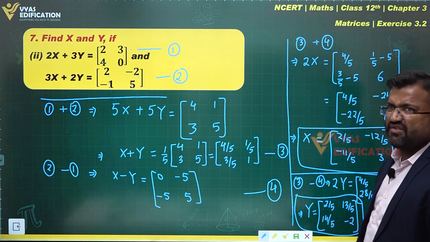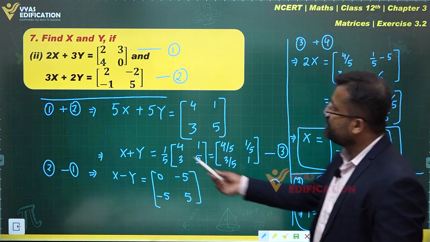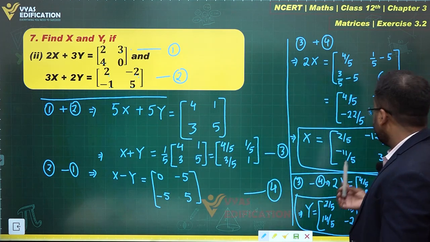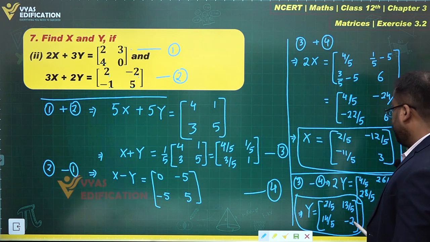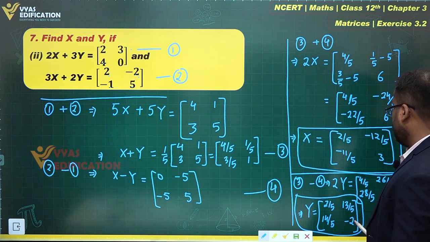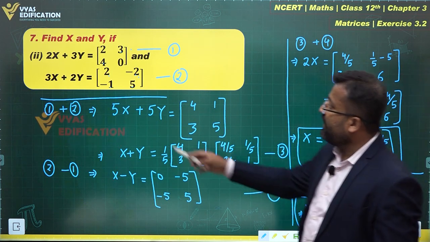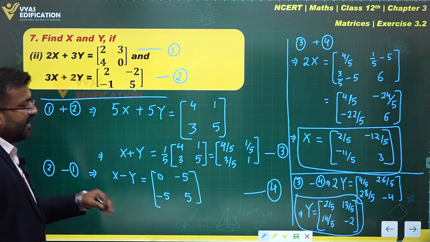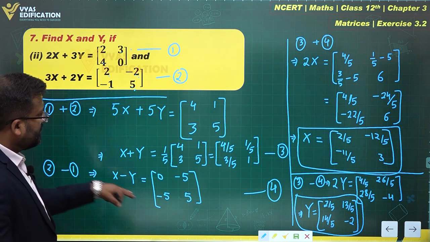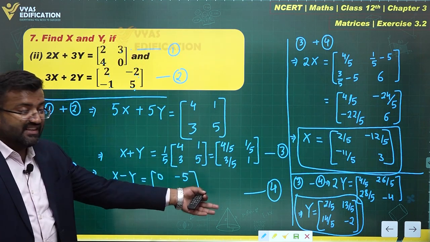Minus 33 plus 28, which is minus 5 by 5, which will be equal to minus 1, as you can see. And the last term, what you get is 3x, 3 times 3, 9, minus 2 times 2, 4. 9 minus 4 is actually 5. Yes, this term is also verified. And therefore, the values of x and y that we have obtained over here are these.